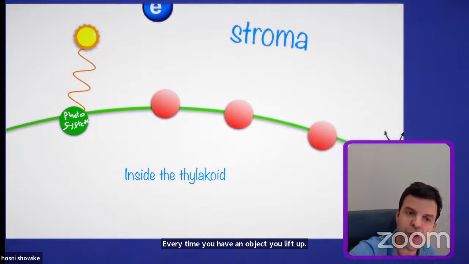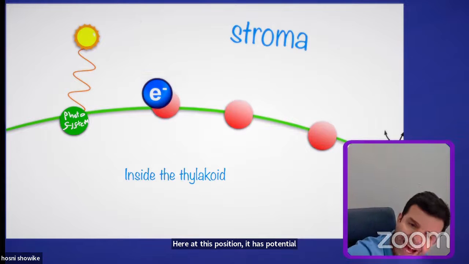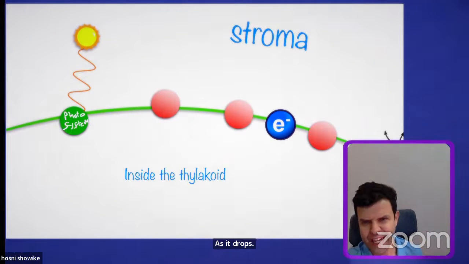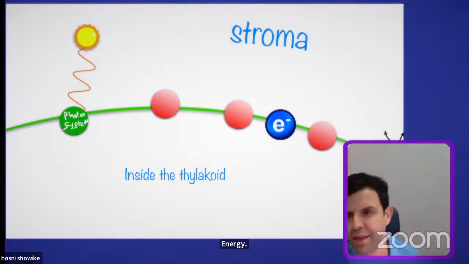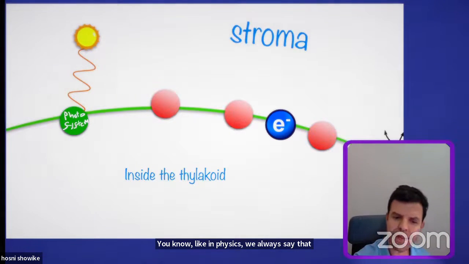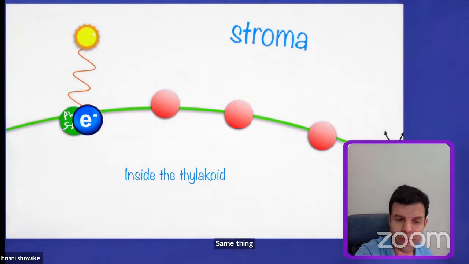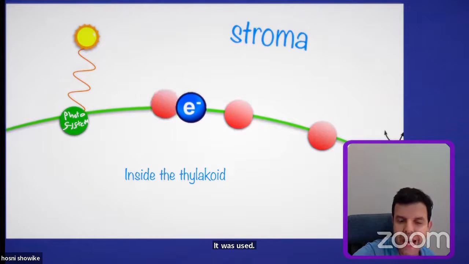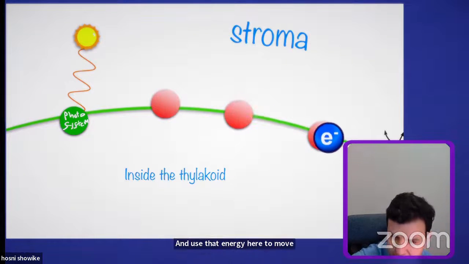Here, at this position, it has potential energy because it's been lifted up. As it drops, it gives me back energy. You know, like in physics, we always say that energy is never wasted or never made. Same thing here. That light energy I gained, it was used to excite the electron and use that energy here to move the electron down.